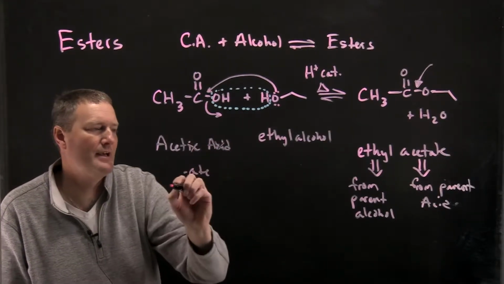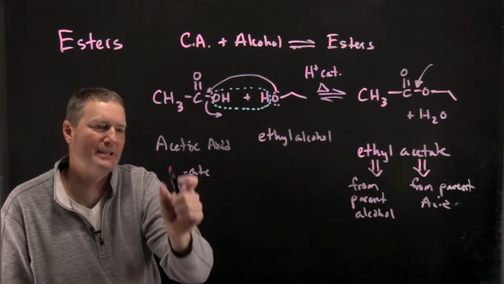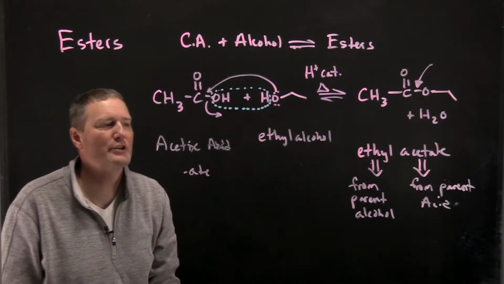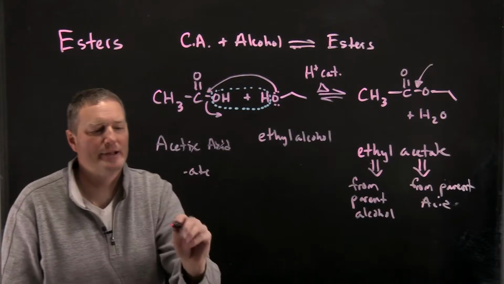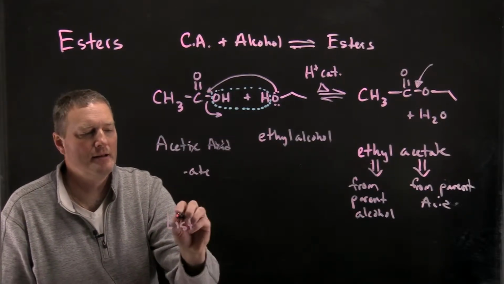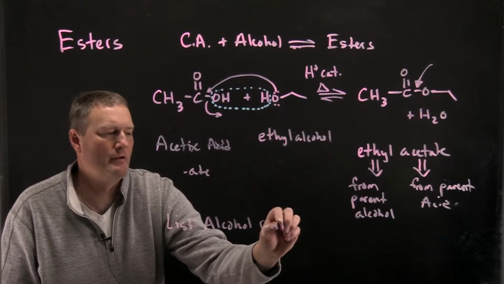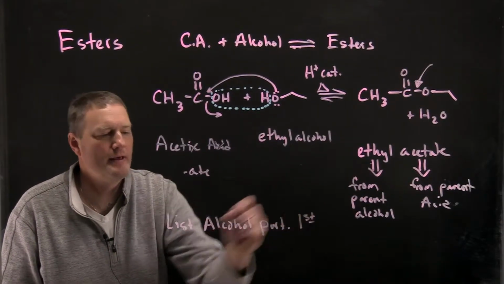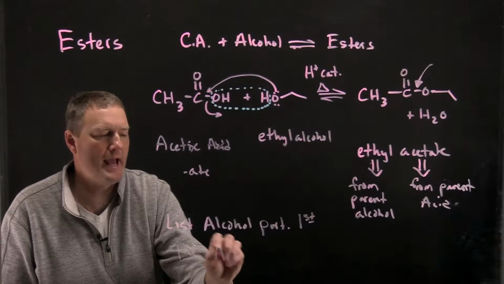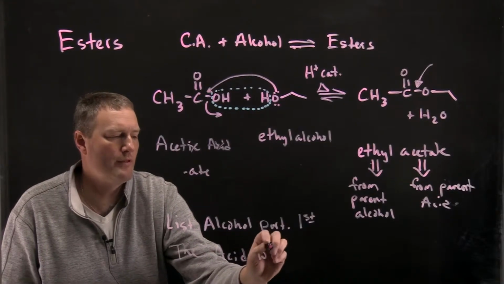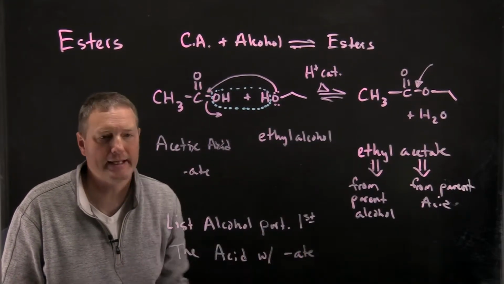A-T-E is the ending. So we convert acetic into acetate. When you list out the name, you list the alcohol portion first, then the acid with an ATE ending.